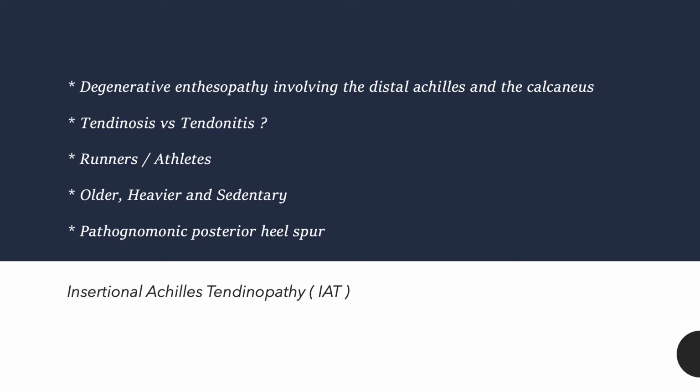This typically occurs in two subsets of patients: younger, more active patients, typically runners and athletes. These patients tend to present with less degenerative changes and are easier to treat than their counterparts who are typically older, heavier, and more sedentary. Almost pathognomonic to the condition is a posterior heel spur.